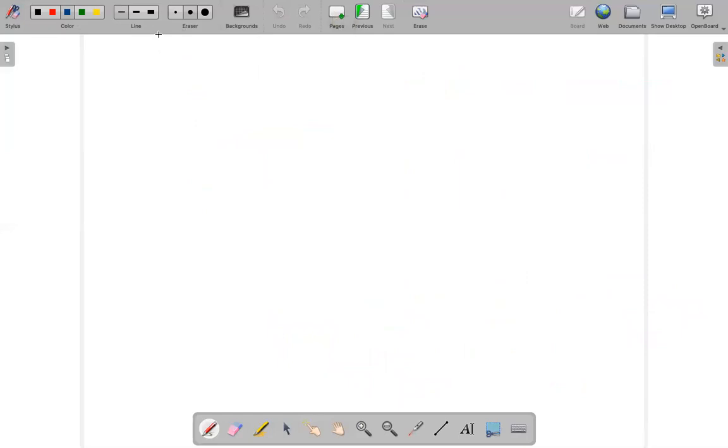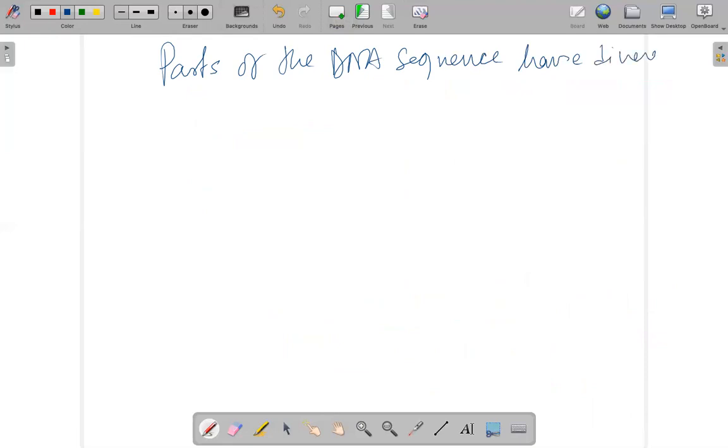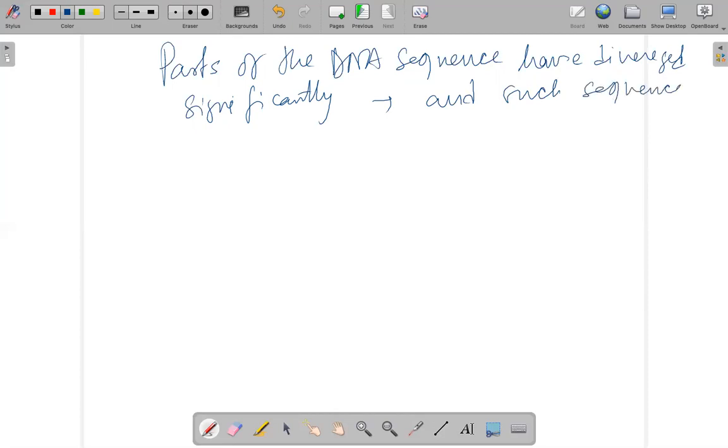So at this point, parts of the DNA sequence have diverged significantly. And such sequences are called homologous sequences.